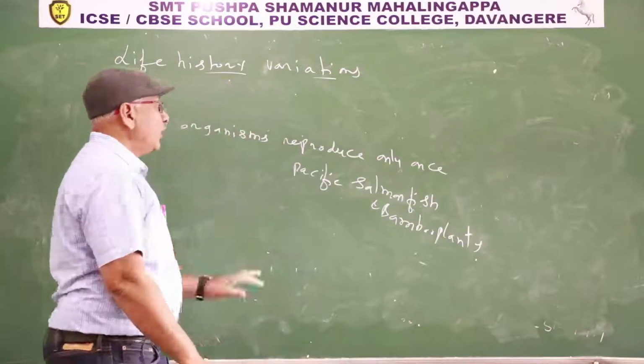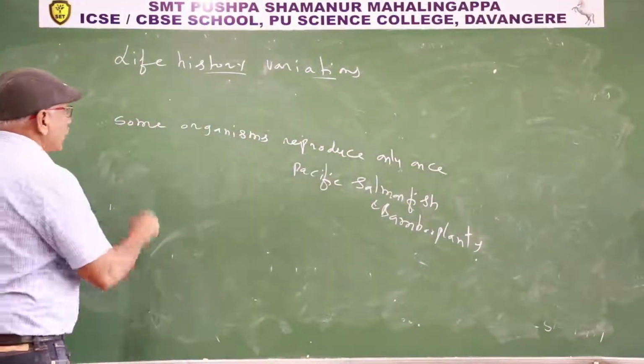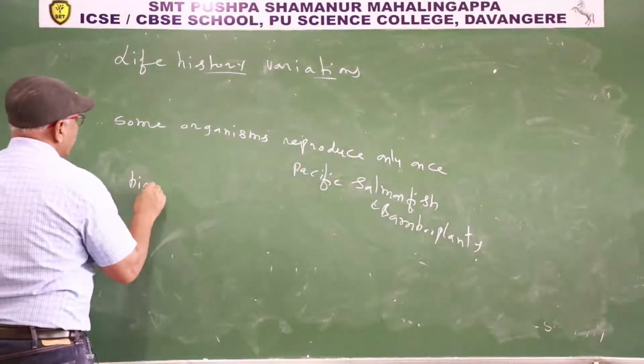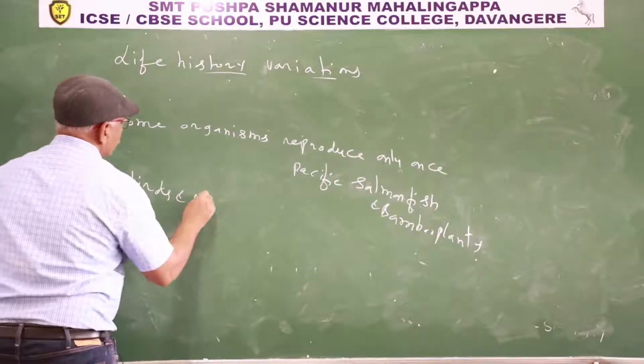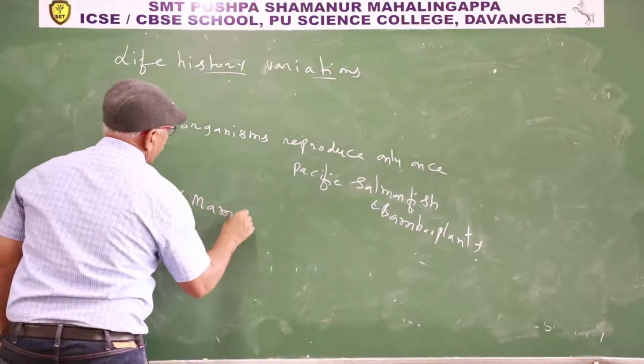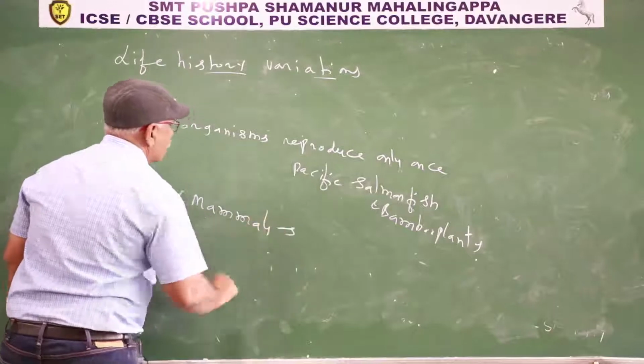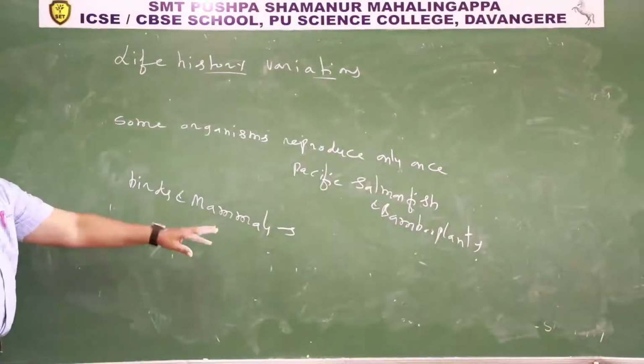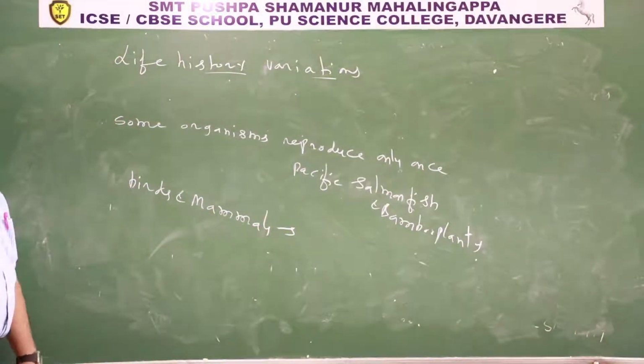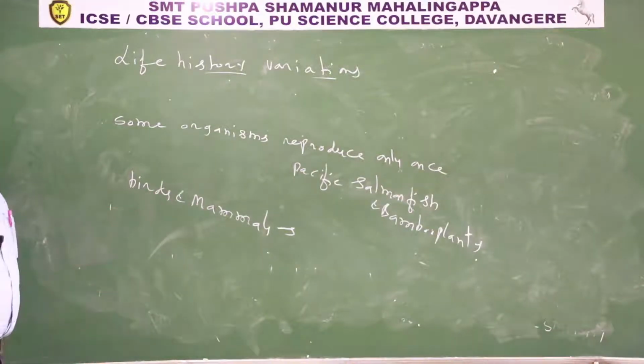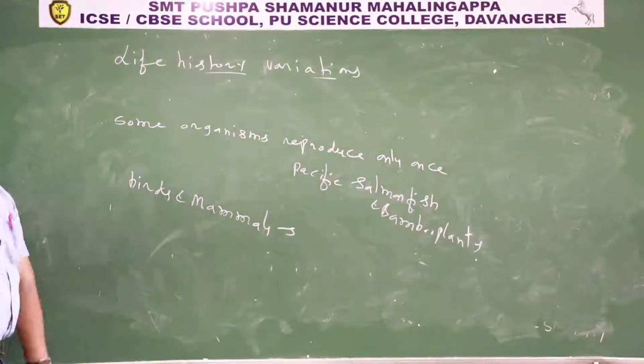They reproduce only one time. But birds and mammals reproduce several times during their lifetime. That is a variation.